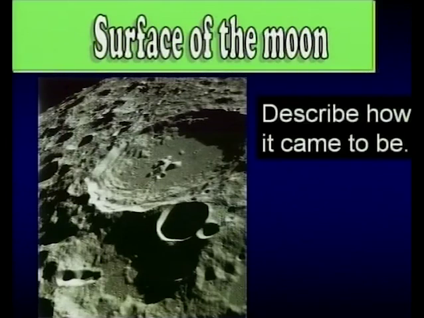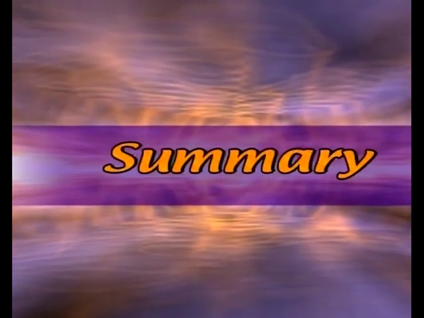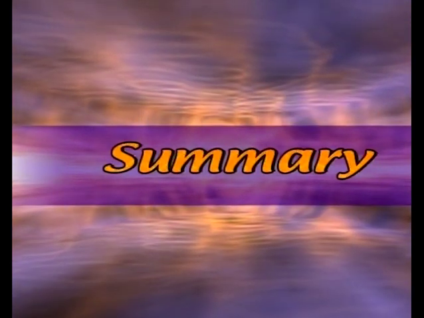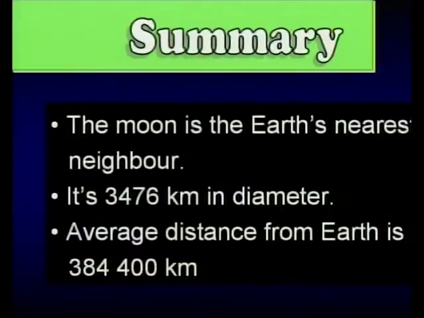You will look at the rest of the description of the moon in the next few lessons. We'll conclude with a summary with some facts of the moon. So there are 3 points for you to copy down.